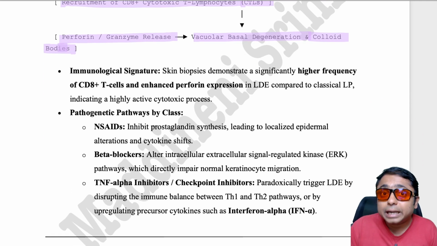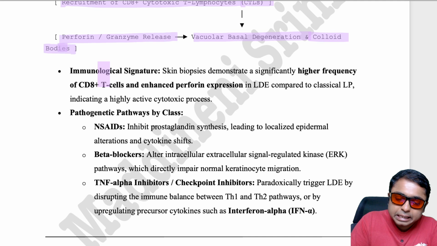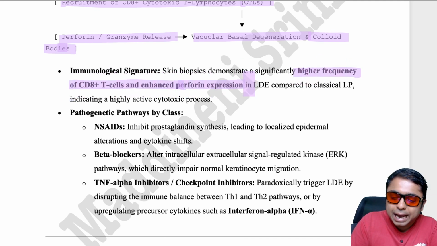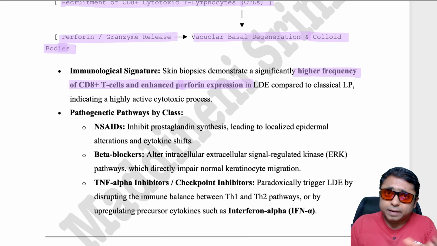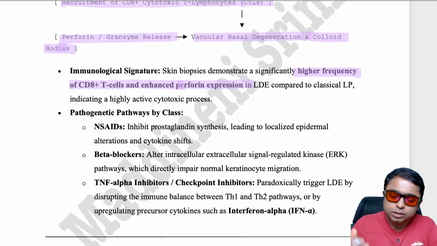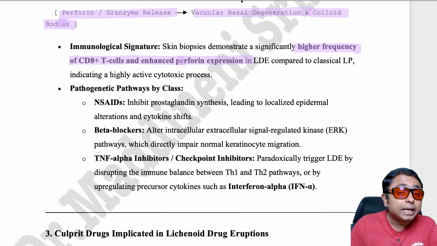In the drug-induced lichen planus, what can we see? There is going to be a high frequency of CD8 positive T cells and enhanced perforin expression if you take a biopsy. This is understood because the pathogenesis is clearly because of the CTLs. And depending upon the class, there are so many drug molecules which can produce this drug-induced lichen planus.